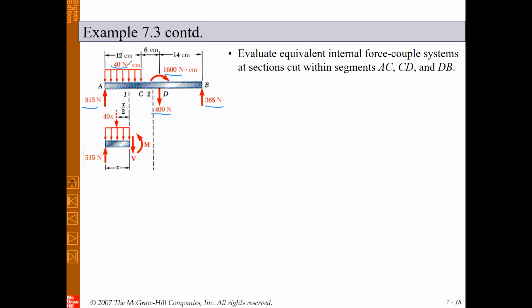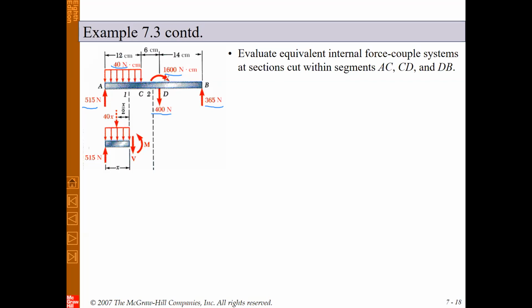Now, can you tell me how many sections do we need to obtain the internal shear force and bending moment for this beam? Yes, exactly.